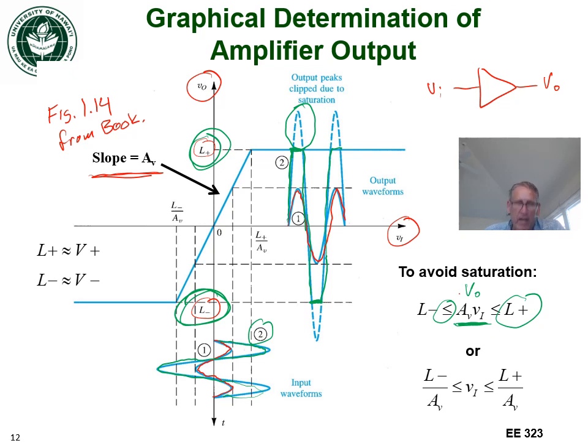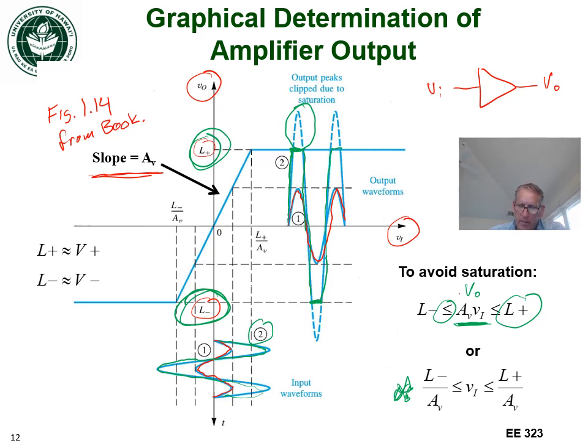In other words, we can write that Vi must be greater than or equal to L minus divided by Av, and less than or equal to L plus divided by Av, as shown in the bottom equation here.